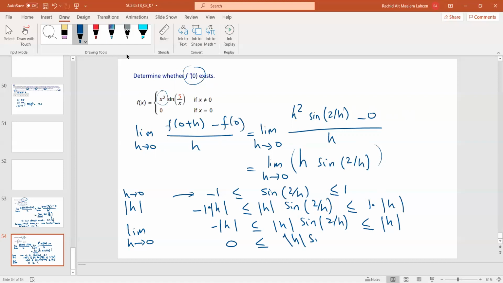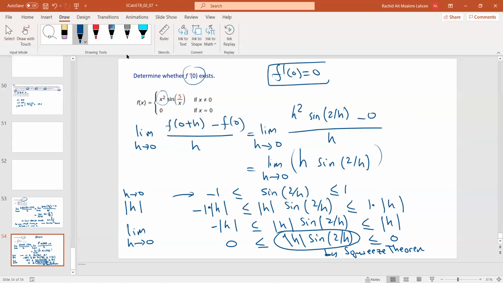And this part here, which we don't know yet, is also going to be 0. So by the squeeze theorem, this f prime of 0 is going to be 0, right?